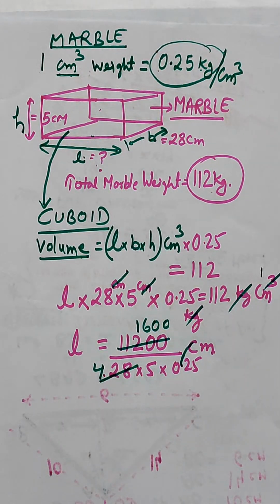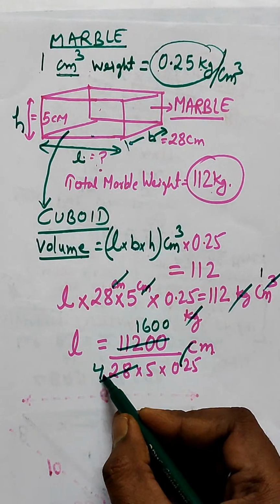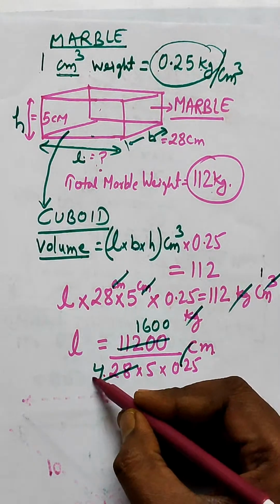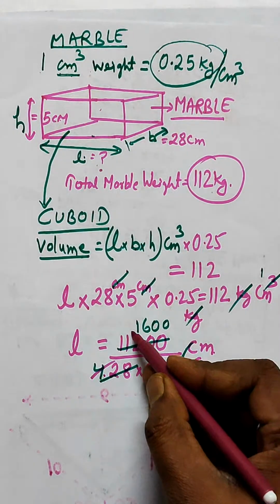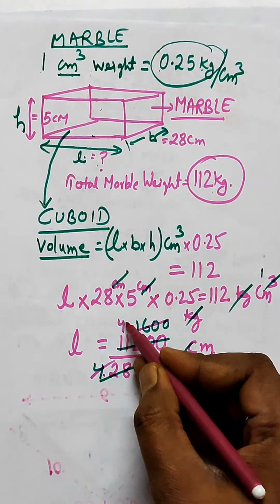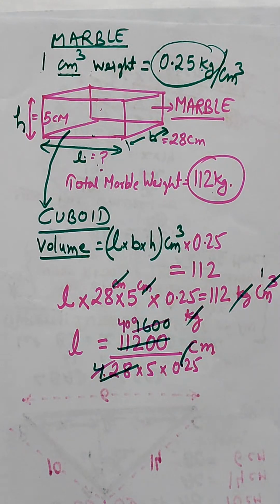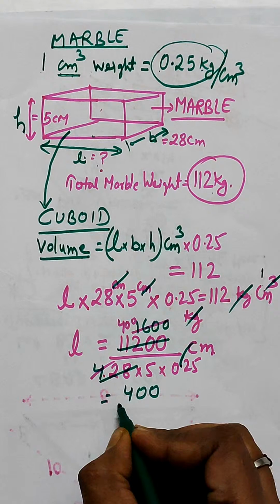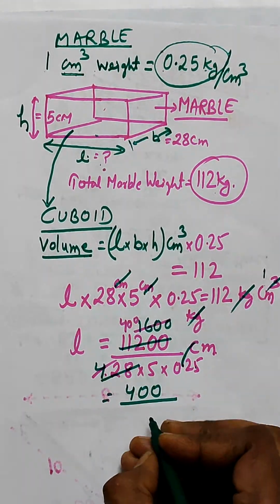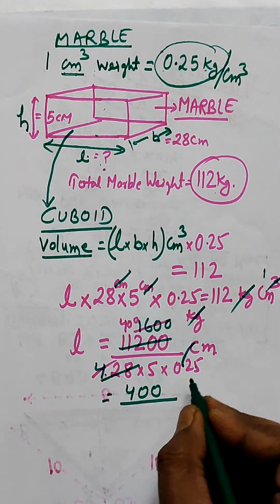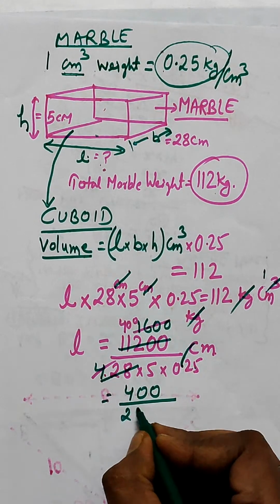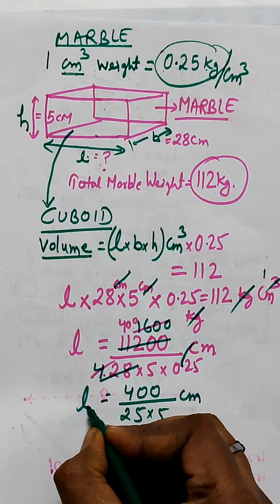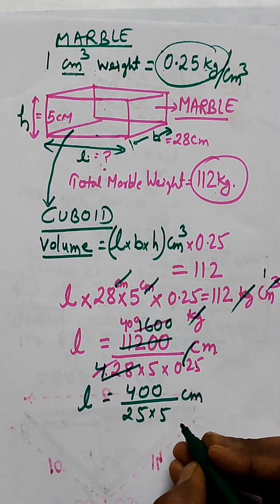So 1600, right? Now 400, just cut it. So in the numerator we have 400 divided by 25 into 5. 25 into 5 centimeter. This is the value of our length, right?